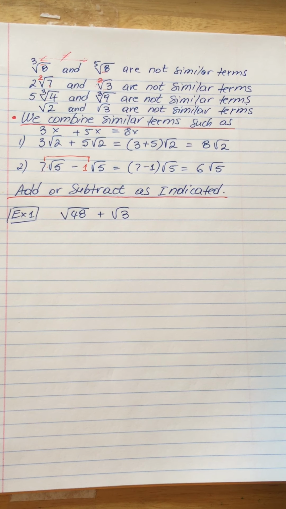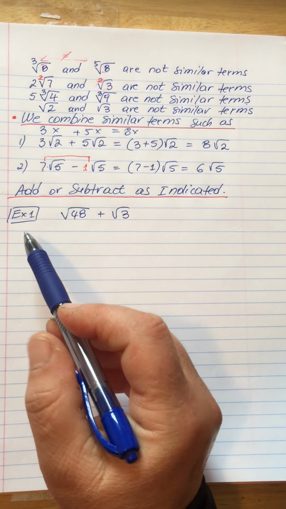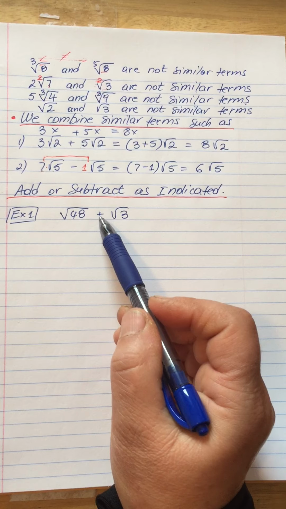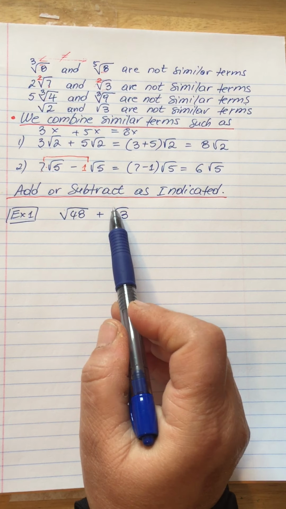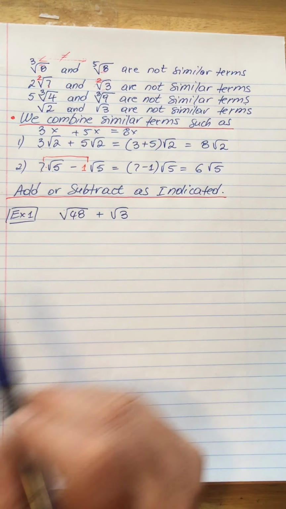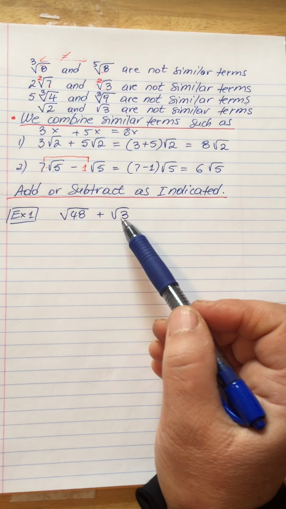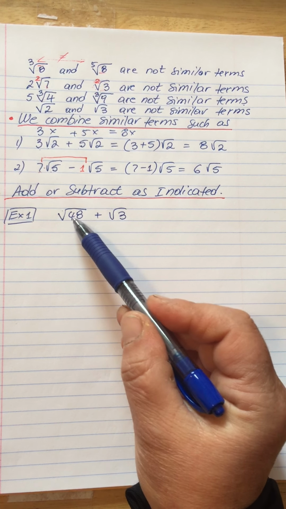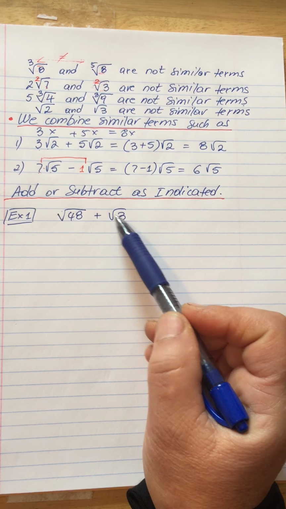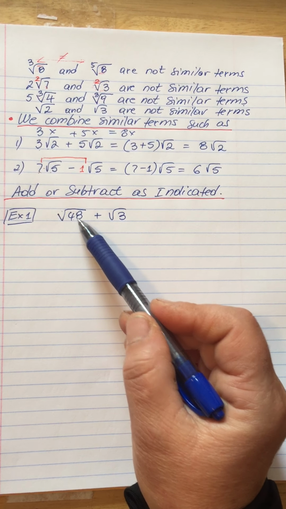So let's go and do some examples. Example 1. I want to add these two radicals, but as I see, they have the same index, but they have different radicands. But when I see the smallest one, 3, I ask myself, if I divide 48 by 3, will the result be a perfect square number?